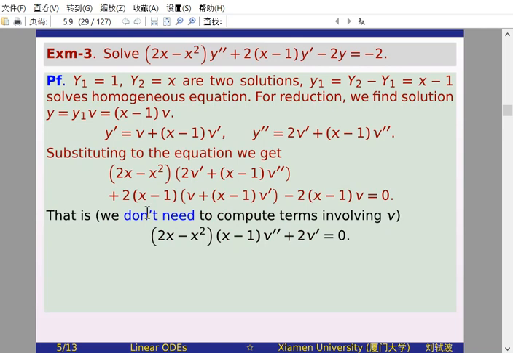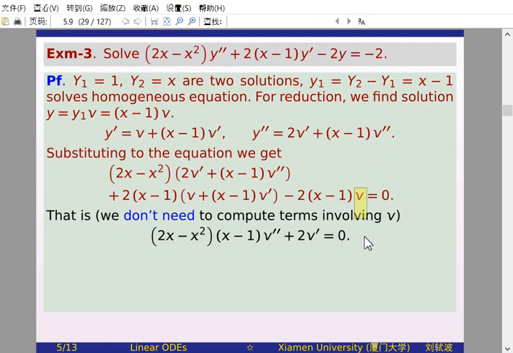We organize the left hand side of this equality to collect the coefficient of v double prime and the coefficient of v prime. In this equation we also have a v, but we don't need to compute the coefficient of v because the coefficient of v must be 0 automatically.